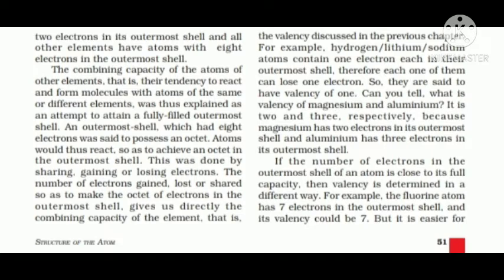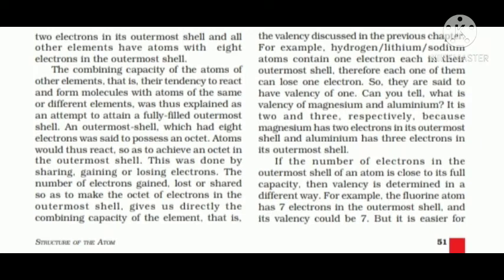An outermost shell which had 8 electrons was said to possess an octet. That is, octet means 8. So, atoms react so as to achieve an octet configuration in the outermost shell. This octet configuration was attained by sharing, gaining or losing electrons.